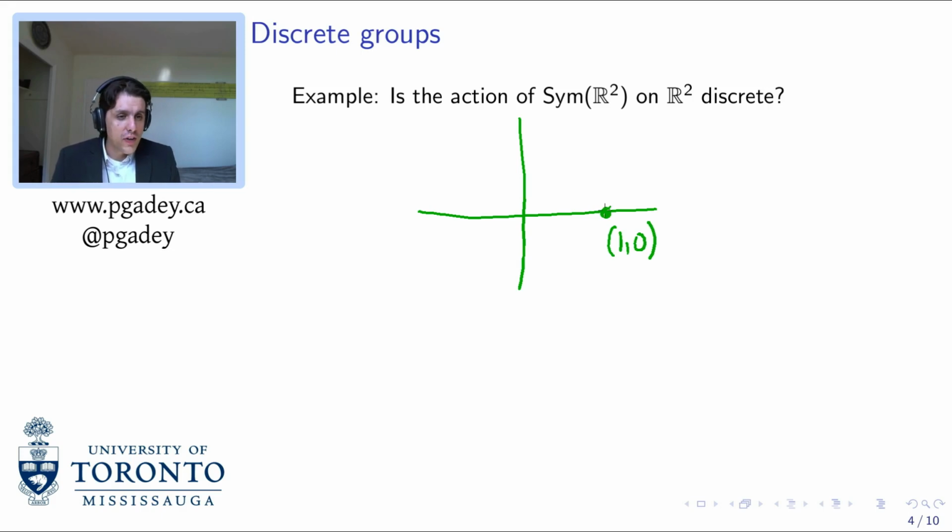So we could move it, say, up a little bit. Right? We could move it towards the point (1, 1). In fact, we could translate it by any amount we want.